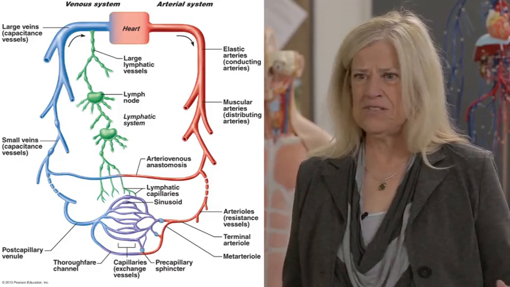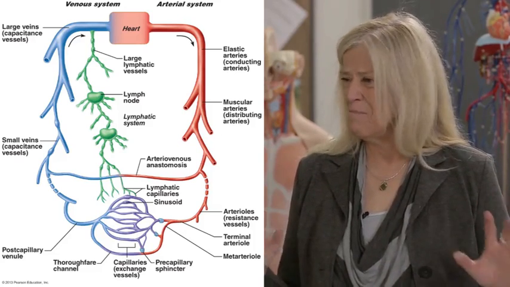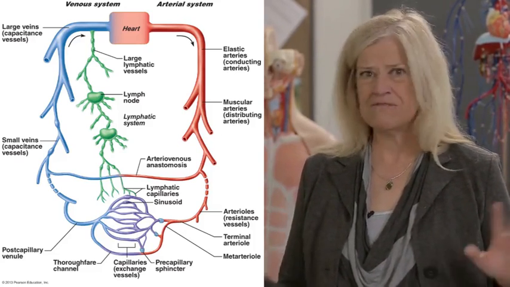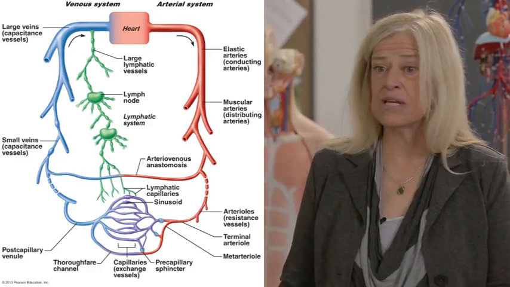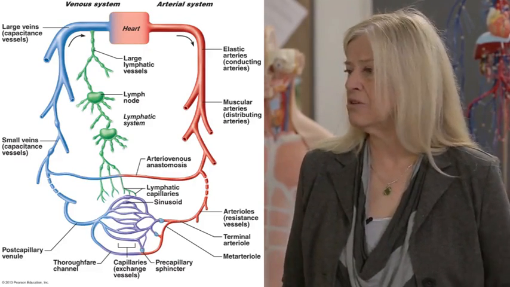Gas exchange happens in the capillaries. But the pulmonary circulation has a different function than the systemic circulation, and the gas exchange looks different, right? So on the models that we've been looking at in the lab, if you see an artery and it's red, which circulation is it associated with? The systemic. And if you see an artery that's blue, you know it's associated with the pulmonary.